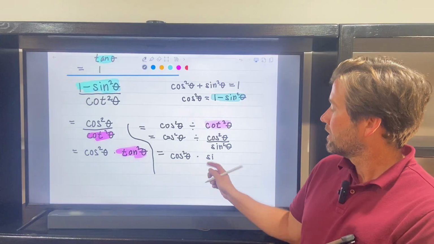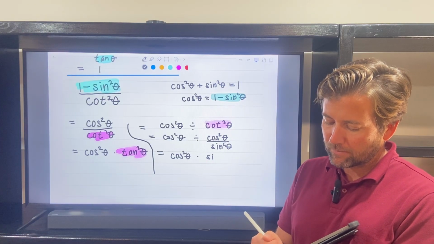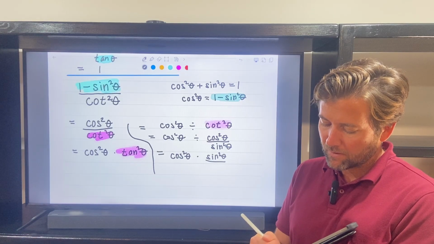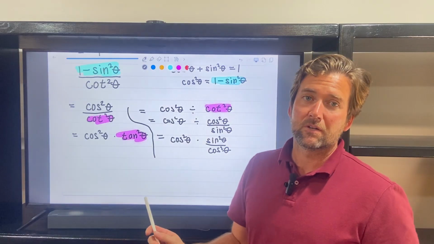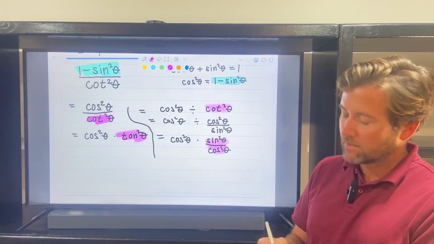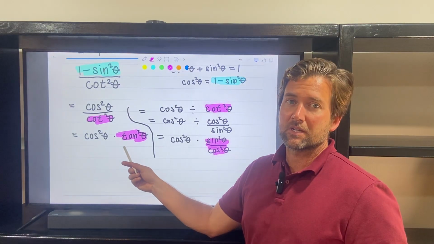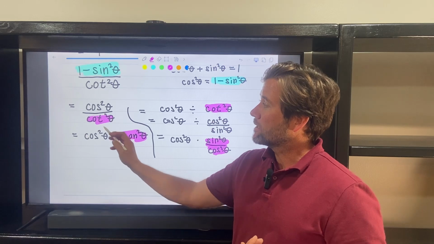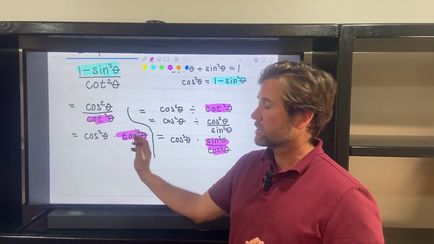So I'm multiplying by the reciprocal. Boy, that was the long way about of showing. See this sine squared theta over cosine squared theta? That's equal to tangent squared theta. So it'd be great if you knew that 1 over cotangent squared theta was equal to tangent squared theta.